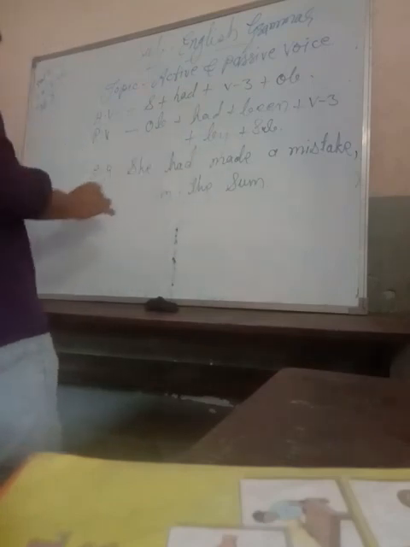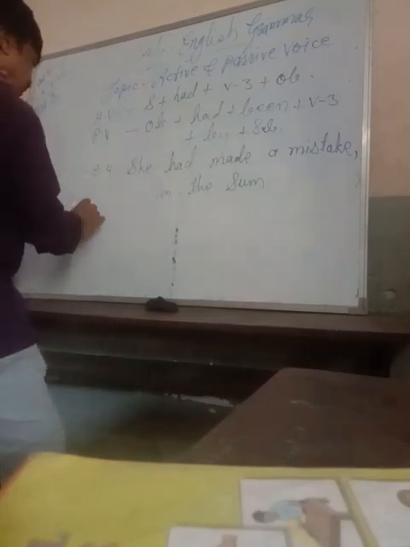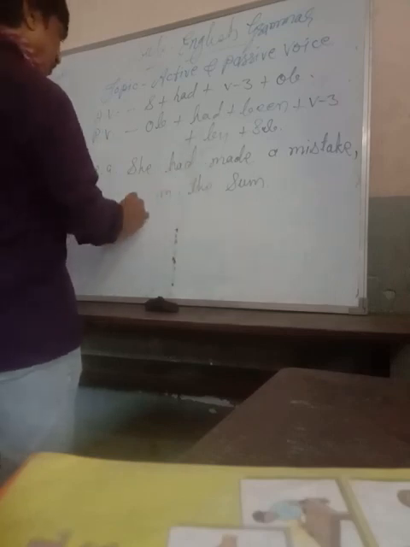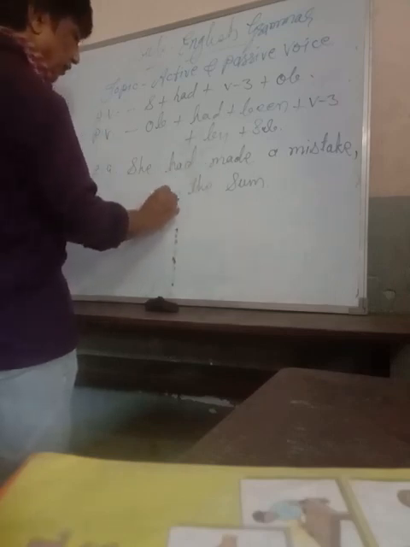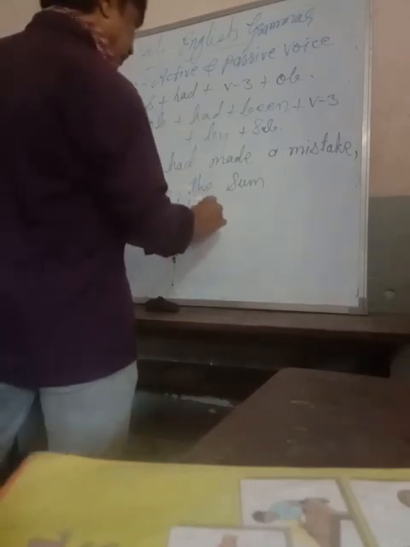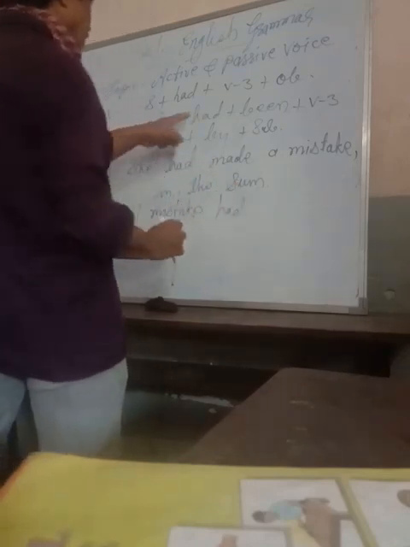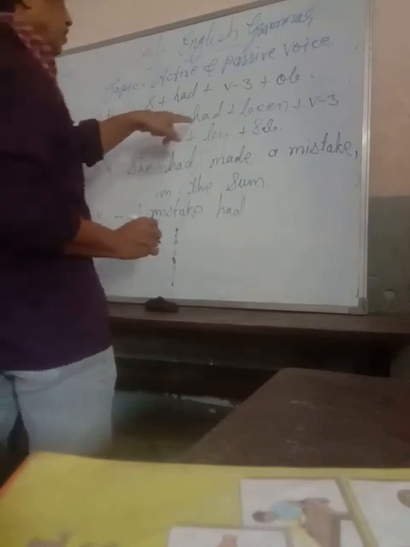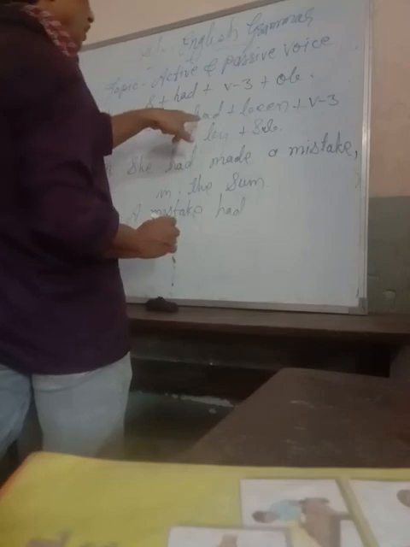This is an extra. So while converting into passive voice, what we need to take? A mistake. Then had. In the passive voice formula, because we are dealing with it in passive voice, so we have to observe the passive voice formula while dealing with it.